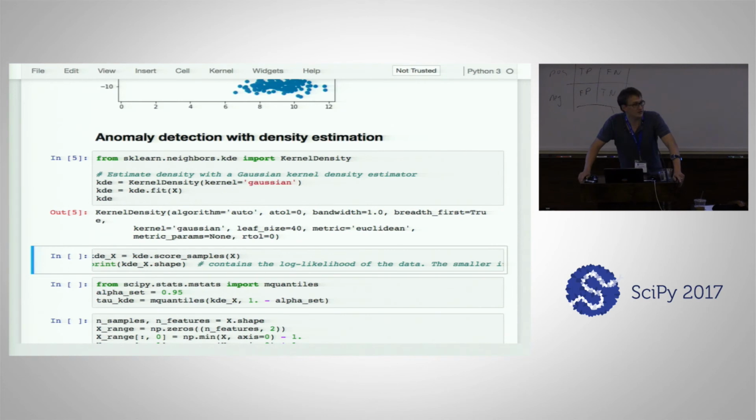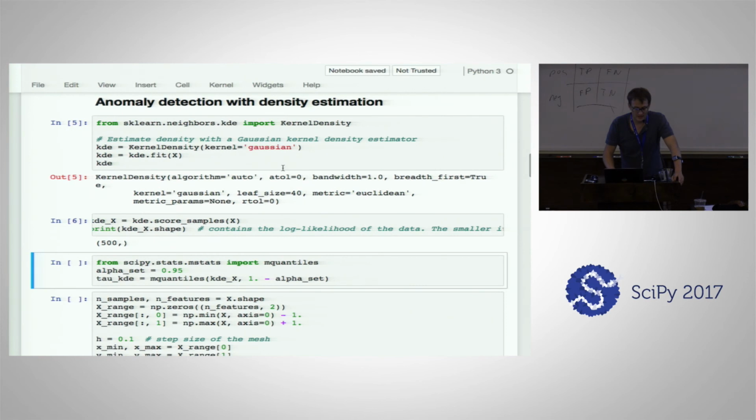Afterwards, in order to get access to the log probability, which is what I'm interested in for anomaly detection, I can use score_samples. score_samples is a method that gives you a score for each of your samples, unlike the score method that you've seen so far, which gives a single score. It means that if you have 100 samples as input, you're going to get 100 values out.